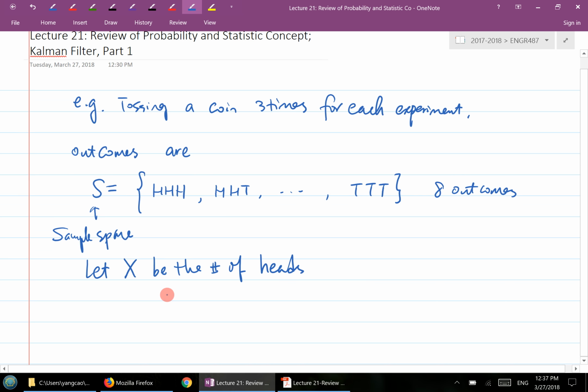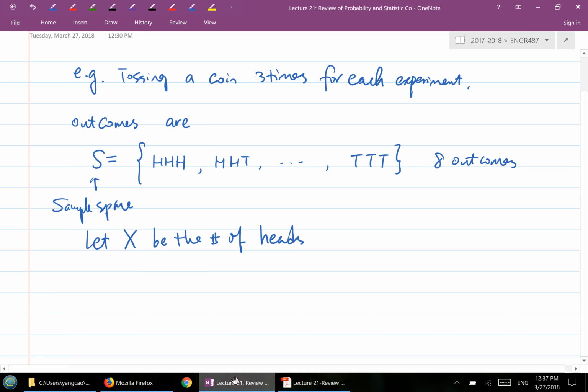In terms of description, X is the random variable, which is basically a function of the outcome here.